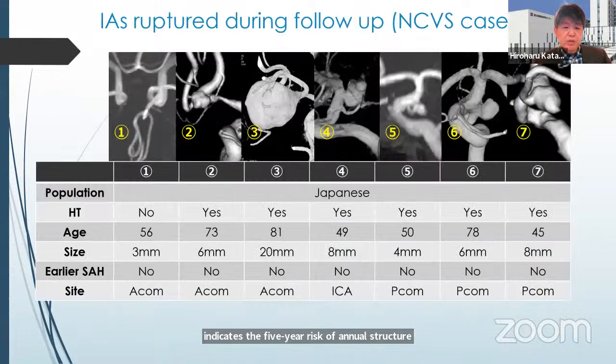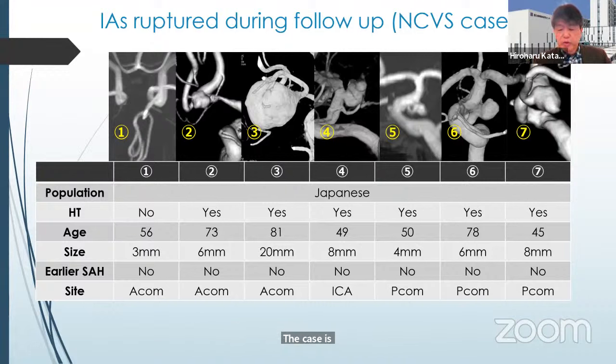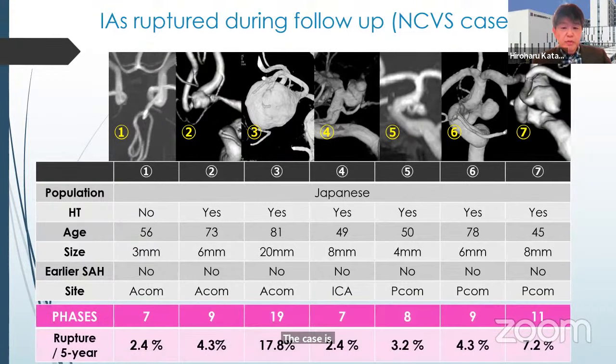But the PHASES score is not always useful in clinical practice. Here, I will show you the cases of ruptured aneurysm during follow-up in our institute. Some patients have a high PHASES score, but most of them have a low PHASES score, a low risk of rupture, less than 5% in 5 years.